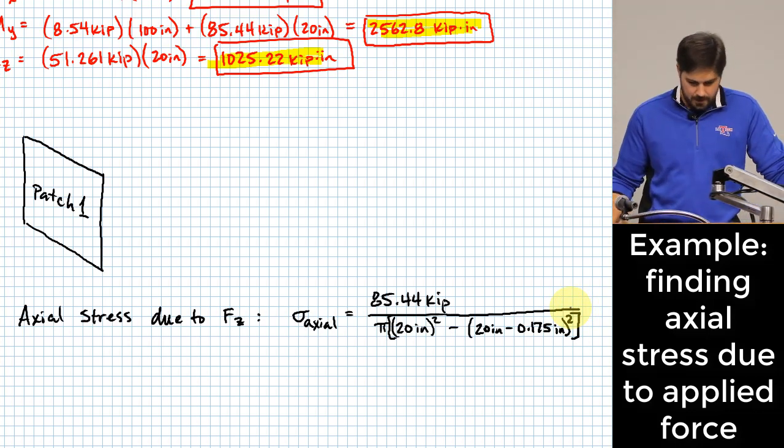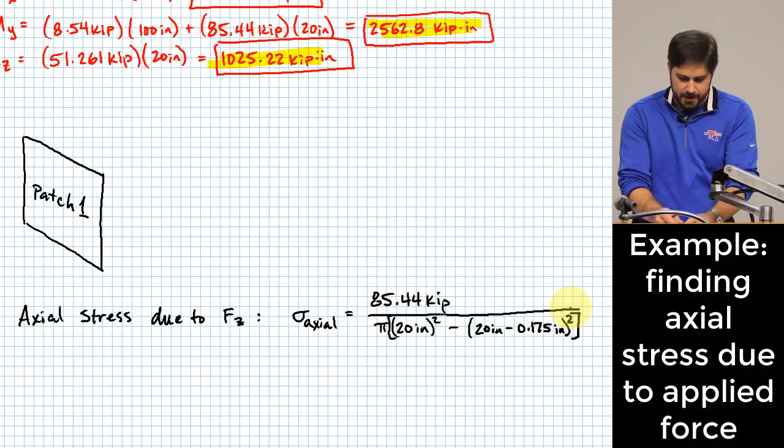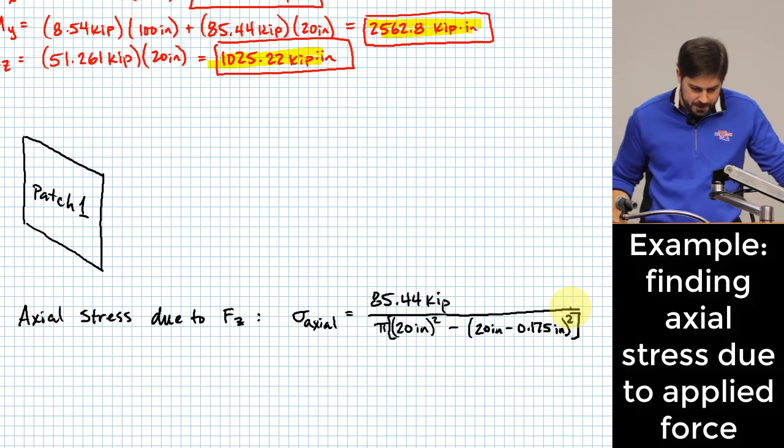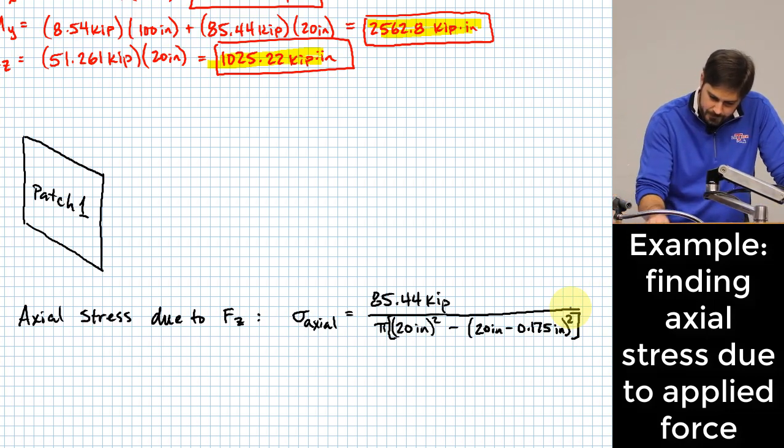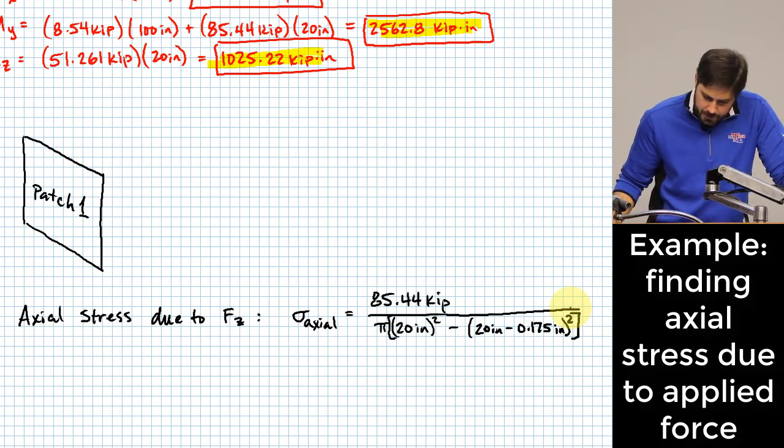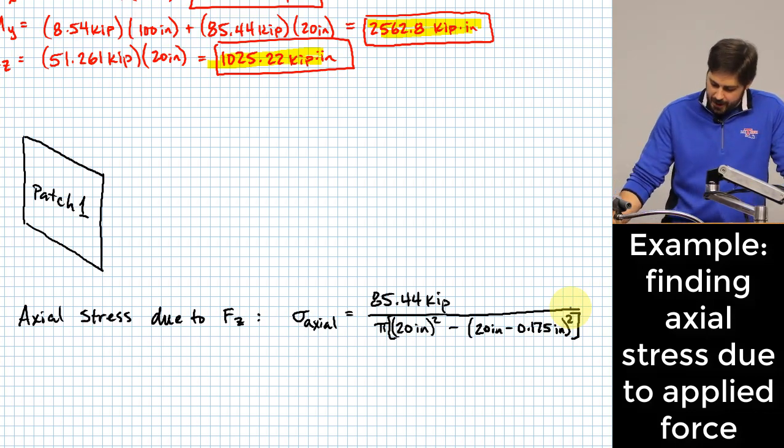Okay, and I believe I have that worked out in here, so I don't have to spend too much time with it. See if I can find it. All right, we have 3,902.27 psi.